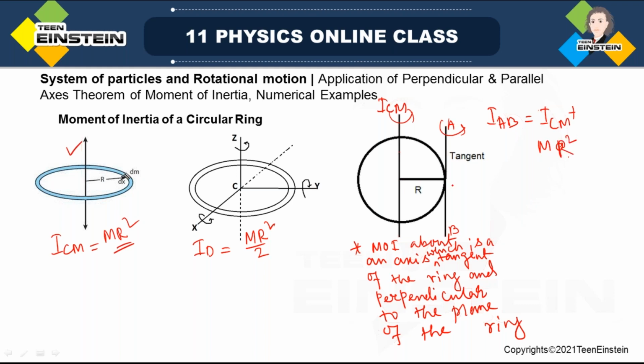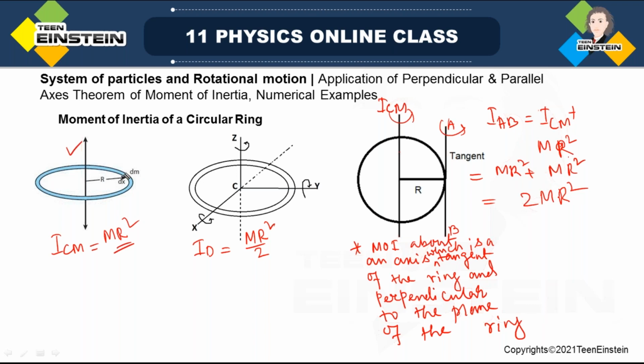So the square of the distance between two axes is r square. I know ICM is mr square, and this is again mr square. So what you get from here is 2mr square.